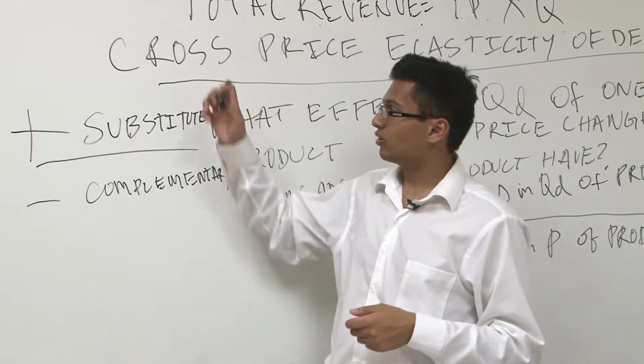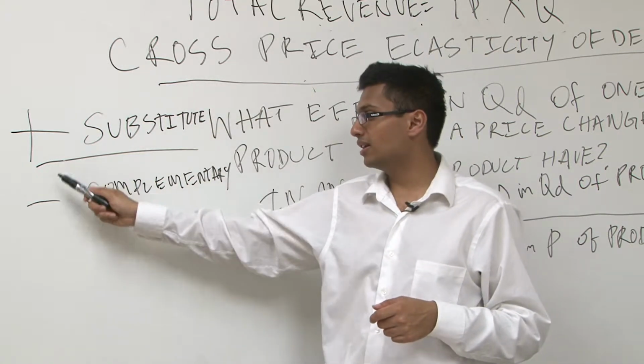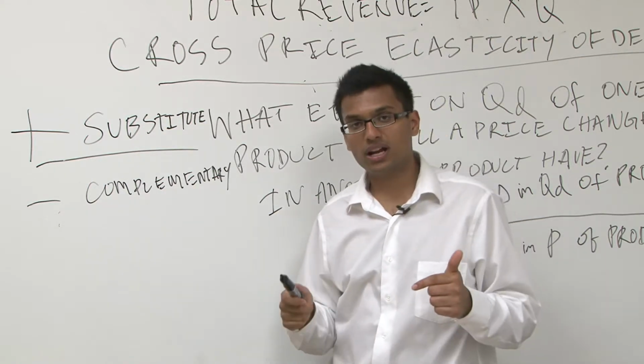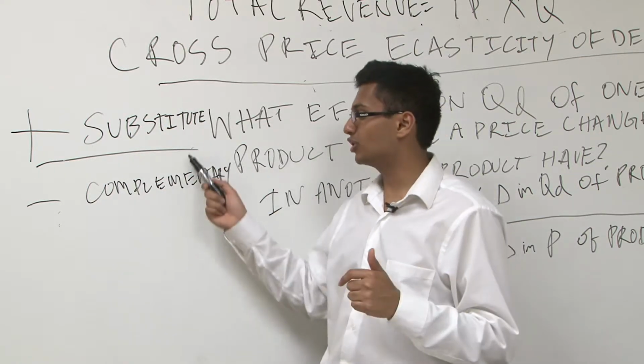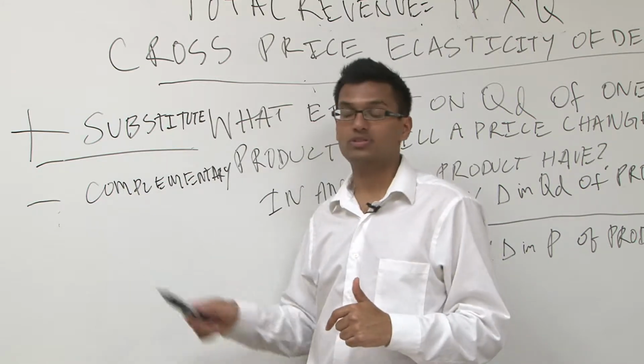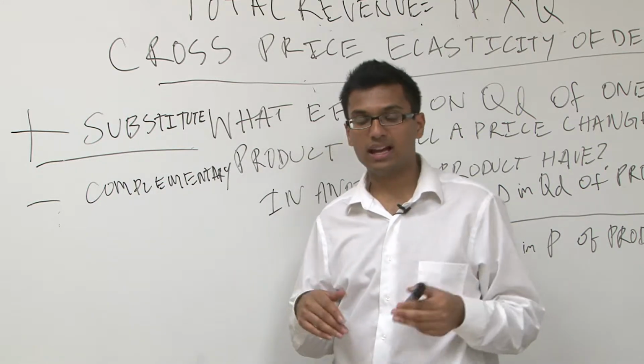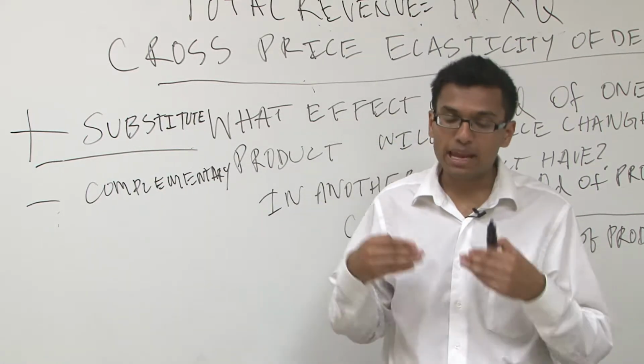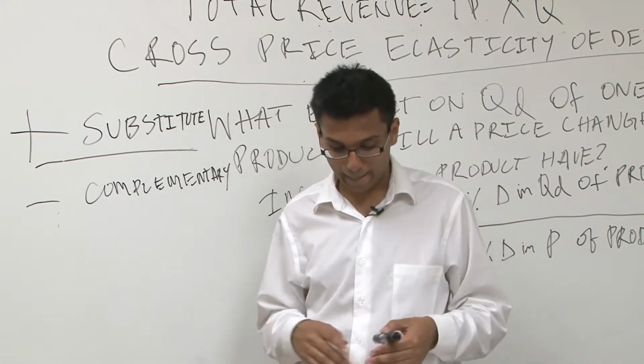Understand that cross-price elasticity of demand, depending on the sign, can be positive versus negative. Positive sign for a CPED, it's a substitute good. Negative sign is a complementary good. And the way you can think of that is your competitors and how that affects your profits. Same logic behind that.